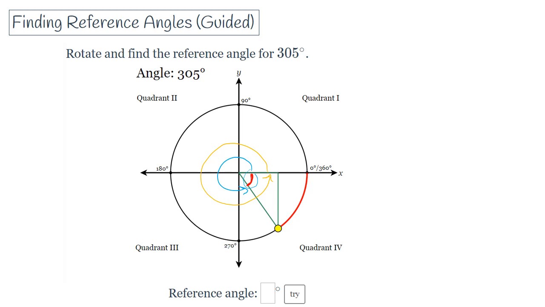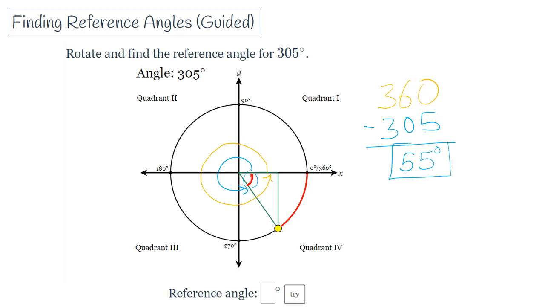And if we went all the way to our angle, that's 305. So the difference between those. In this case, you would subtract 305 from 360. You'd find that difference. All right, and so you'd end up with, in this case, I believe, 55. 55.